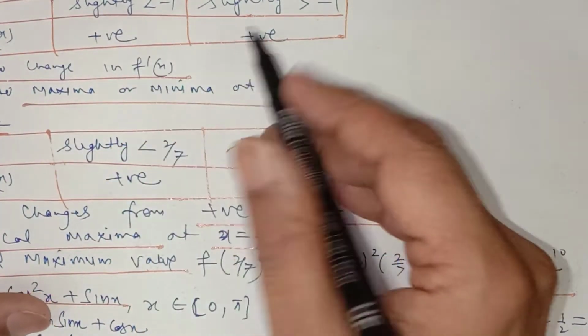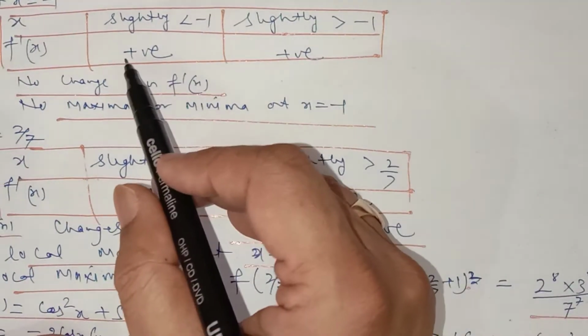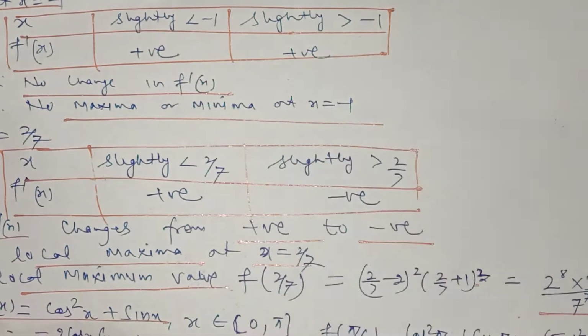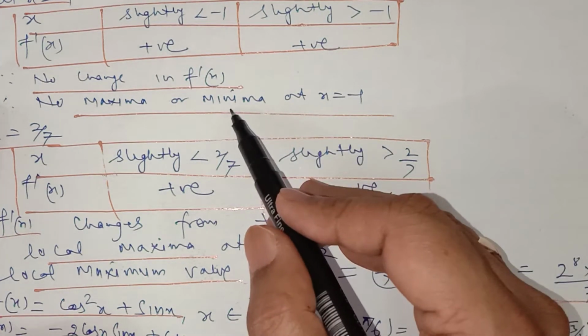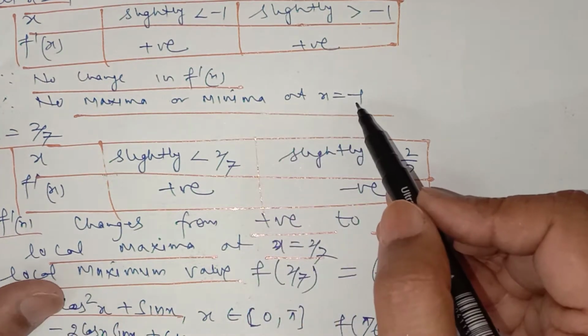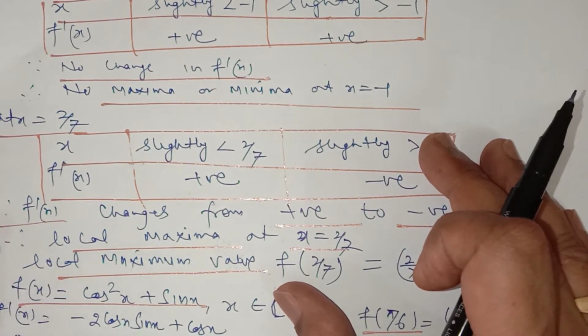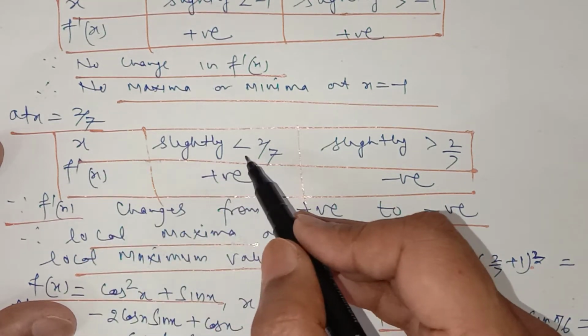When you take the value of x slightly more than −1, the first derivative is also positive. Because there is no change in sign, positive to positive, we have no maxima and no minima for this function at x equal to −1. At x equal to −1 it has a point of inflection.